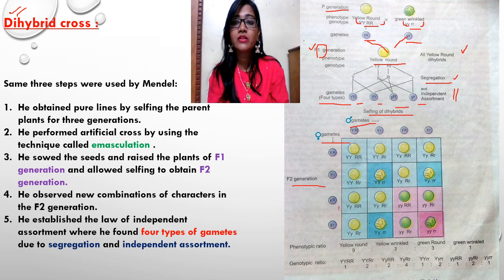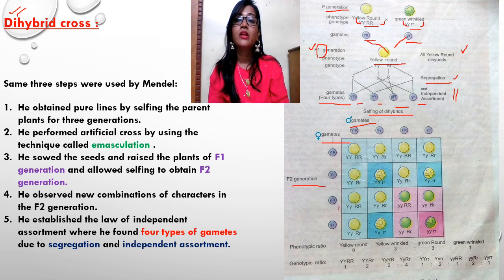And some green seeds: all the green seeds were wrinkled in the parents, but in the F2 generation we found some green seeds which were round. So there were variations in the shape of the seeds and in the color of the seeds, and again new combinations he observed in the second filial generation.